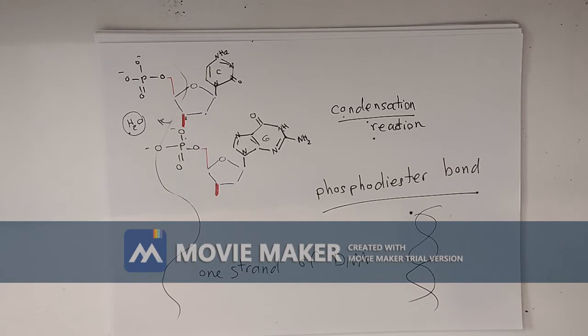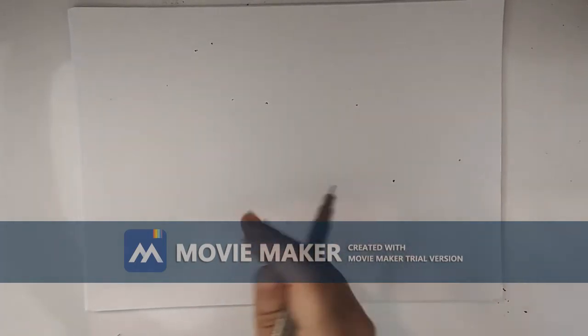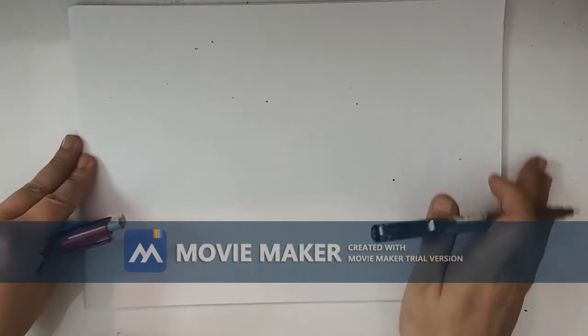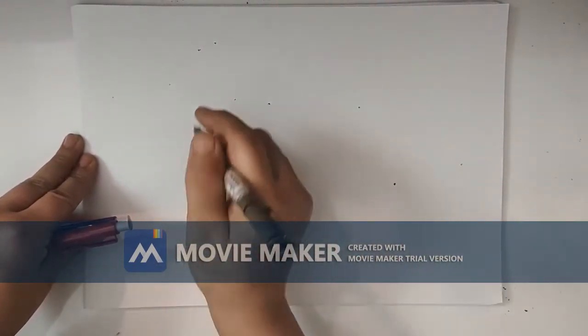So still we need to draw another strand to show the real structure of the DNA. As I told you, you do not need to remember and memorize all those details of the molecules, how to draw. So what you are supposed to do, you can just simply draw them. Let's see how you can draw one strand of this molecule.